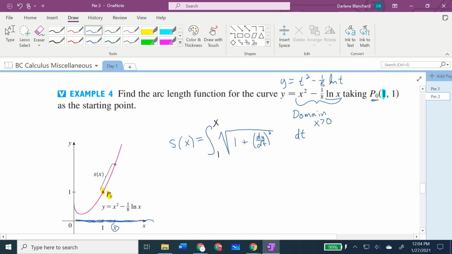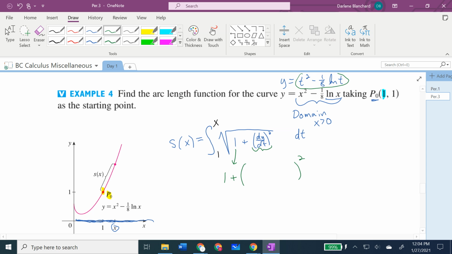Now, we're going to spend a little bit of time on the algebra that's going to go on here because it's crucial that you see this. It's a typical type of integral you might be asked to solve. So I have this one plus, and then I want to take the derivative and square it.